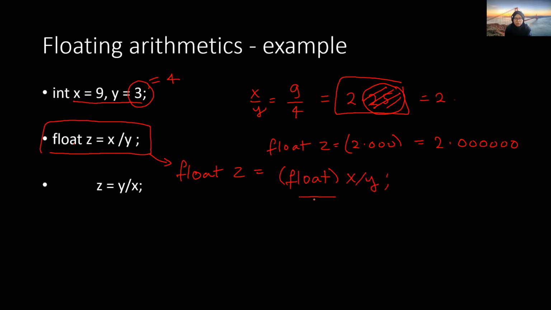Now you change this value in terms of float, so it will be displayed as 2.25000. Okay, is it clear? Clear. So just understand, if it's integer, then the rest of the decimal points will not be evaluated.